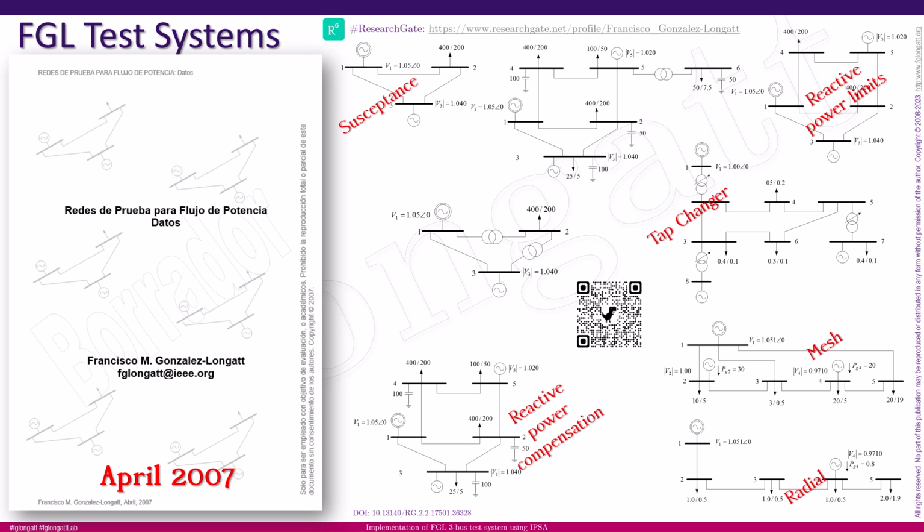It was related with the power flow, and I realized that there are many test systems available on the internet. IEEE has some standardized test systems. Also, CIGRE in Europe, they have many test systems. But something that I noticed is the lack of information of the intermediate calculations.